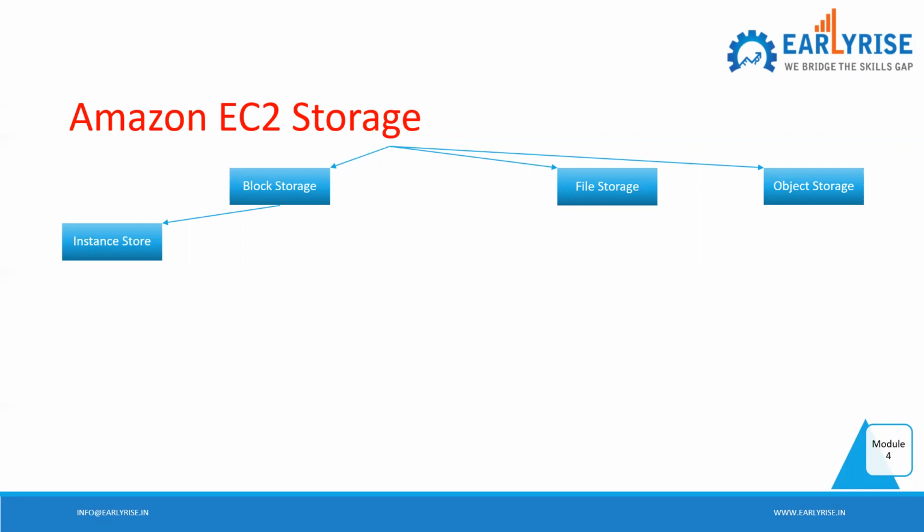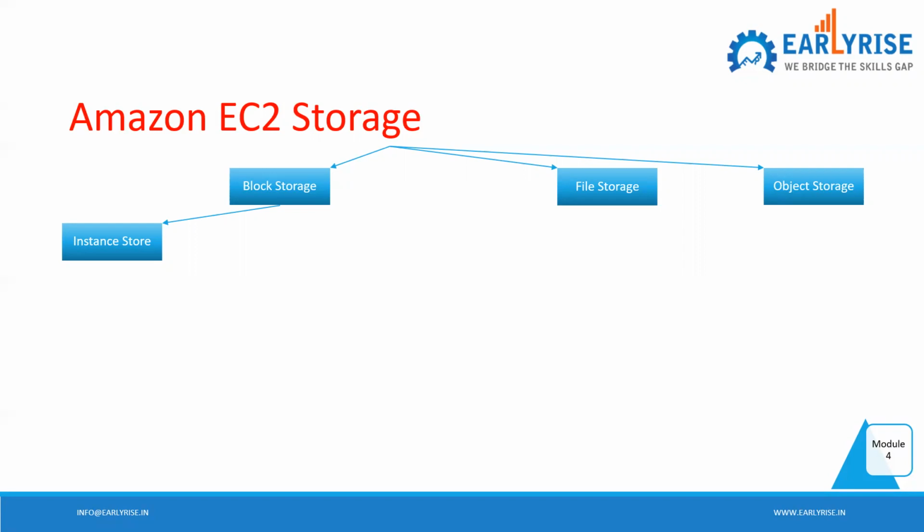You have the host machine on which the instance will be running. Your instance is just a guest running on a host machine. So whatever is the storage associated with that particular physical machine on which your virtual machine, your instance, is running, that particular storage is called the EC2 instance store.